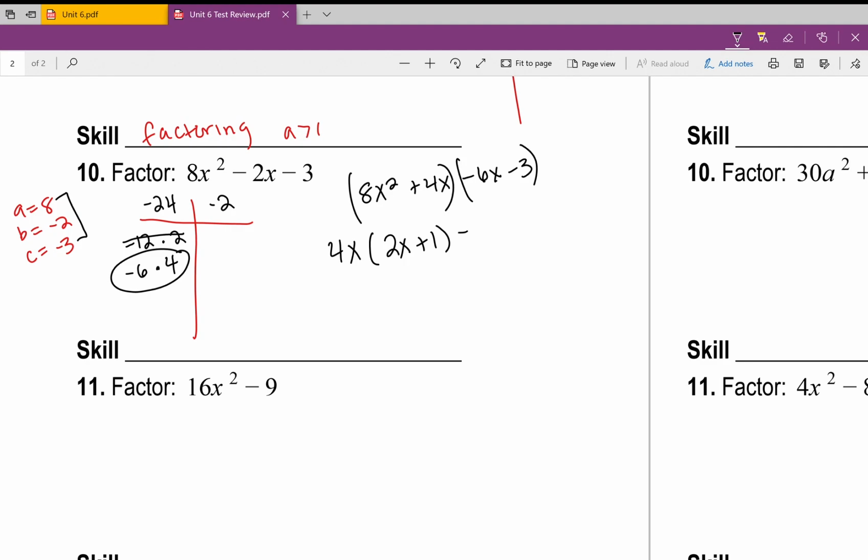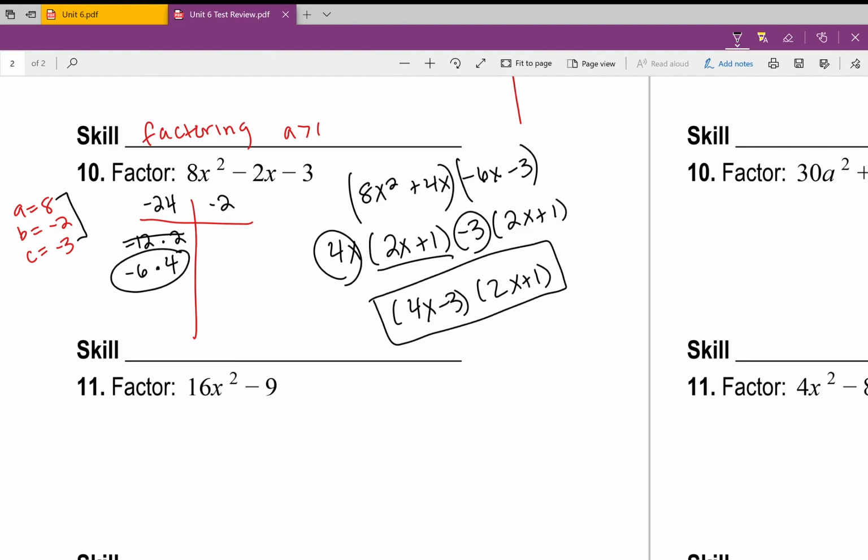Here I can take out a negative 3. And then remember my parentheses have to match. 2x plus 1. So that means my answer is 4x minus 3 and 2x plus 1. Now remember my GCF, if I had one, would go in the front, but since I don't have a GCF, I'm leaving it like this.